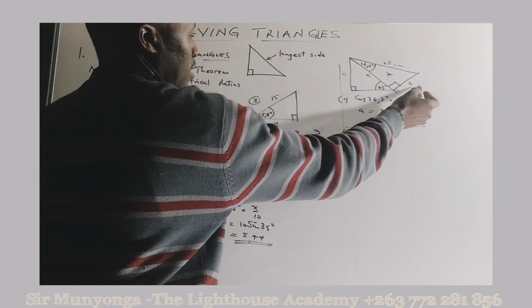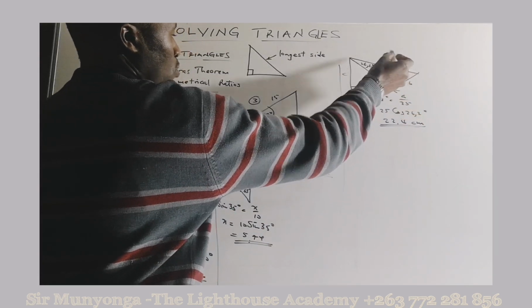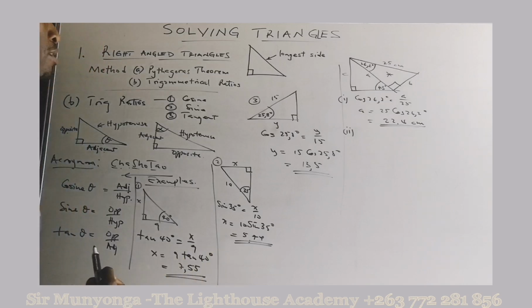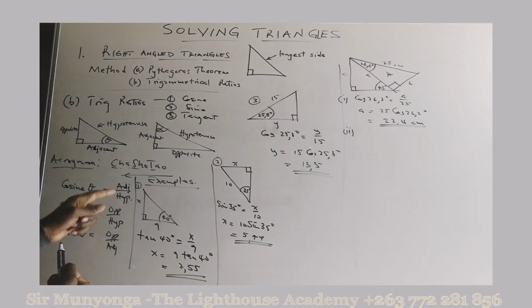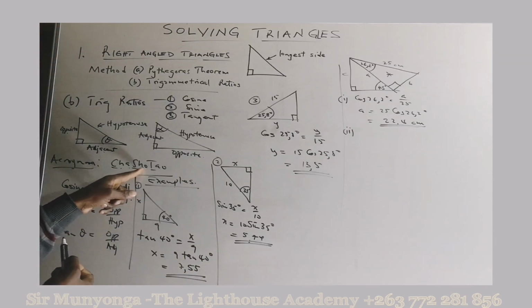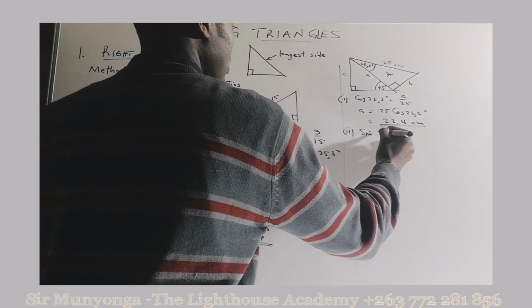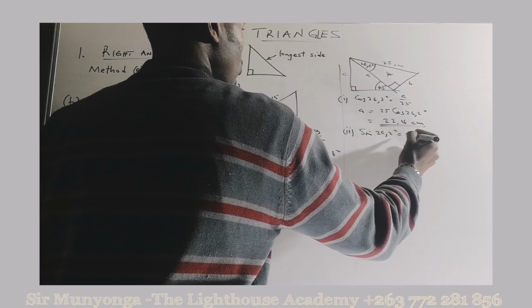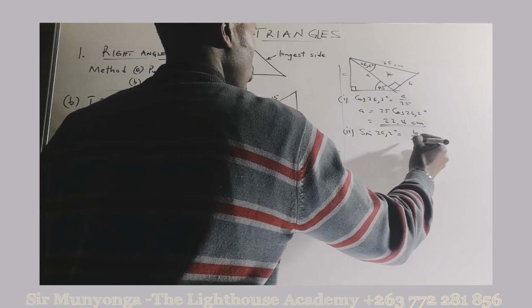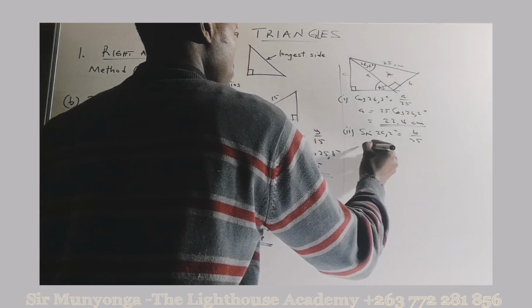Part 2, for us to get the value of B. B is opposite to the given angle, and then we have the hypotenuse, which trig ratio relates opposite and the hypotenuse? We come back again to the acronym, opposite and the hypotenuse, that's sine. We then say sine 26.2 degrees is equal to opposite over hypotenuse.